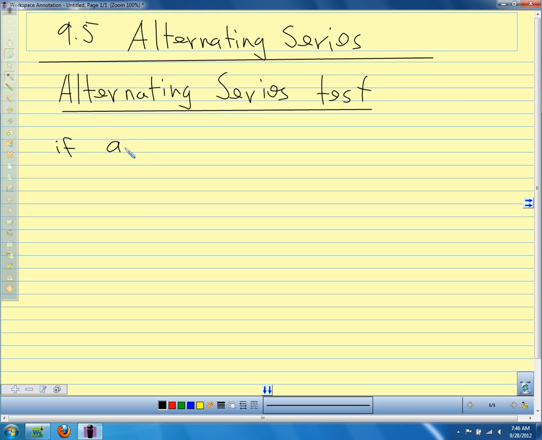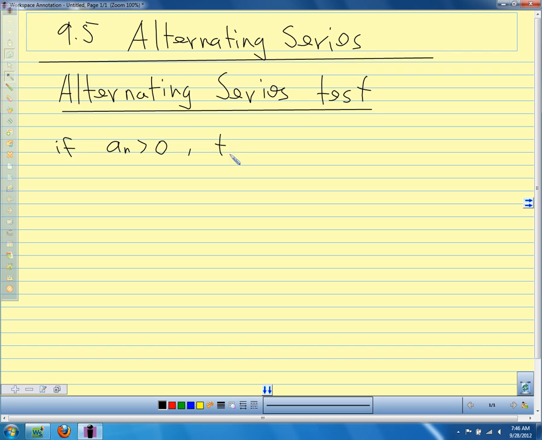So first off, I'm saying that a sub n is greater than 0. Different books and different instructors will define the terms of the series differently, and I'll talk about it in just a second after we write our test. But I just want you to pay attention to how we're defining our test.